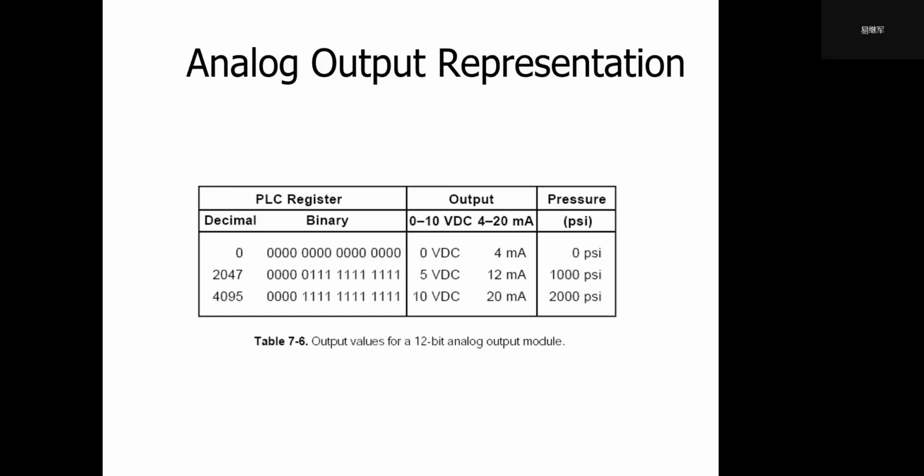This is an example to represent the analog output, which is similar to the analog input. For the analog input we use the AD converter, but for the analog output we use the DA converter.